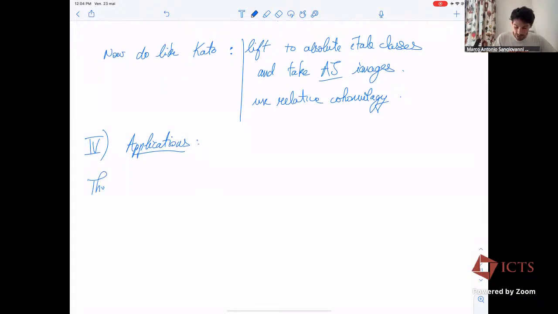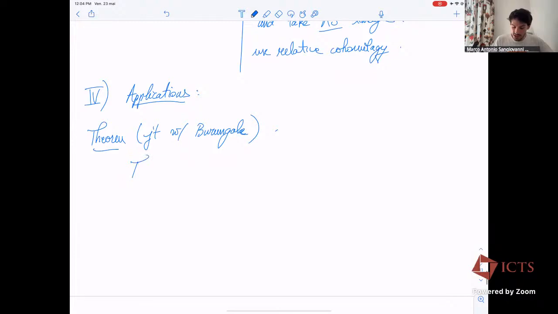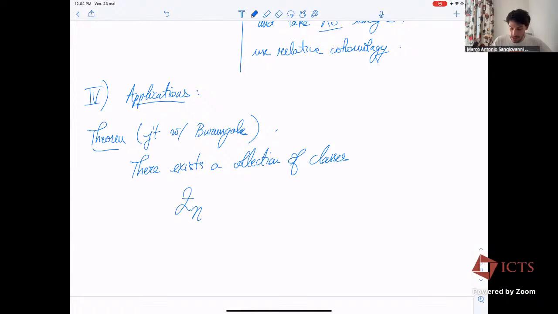So theorem, this is joint with Ashay. So there exists a collection of classes z, n, and then an integer r, where these classes live.